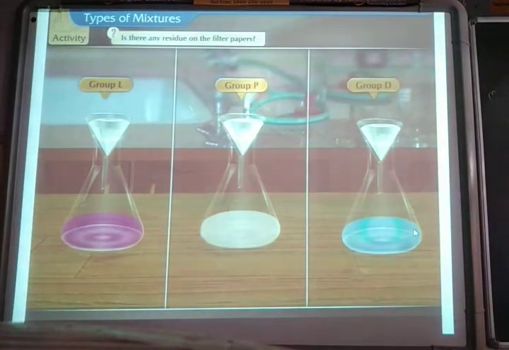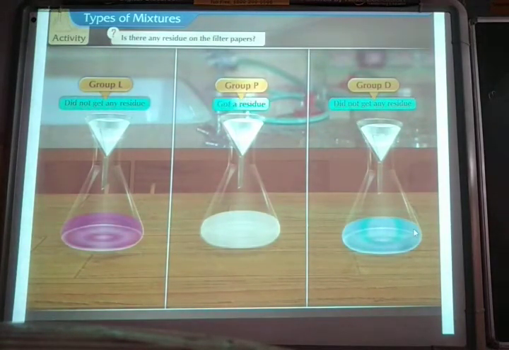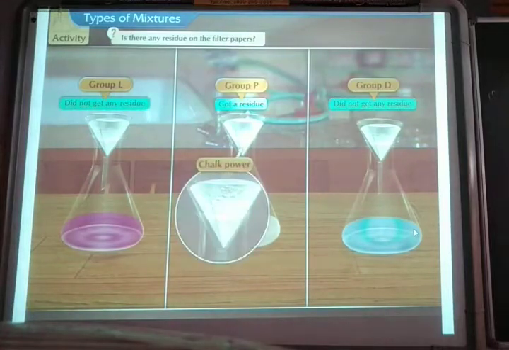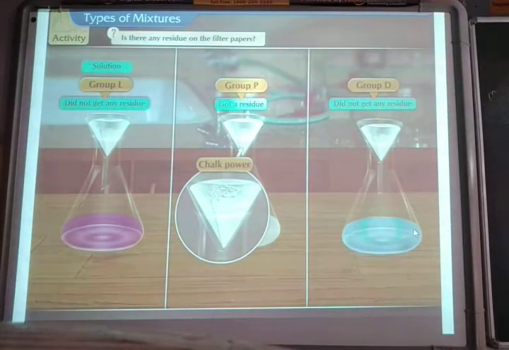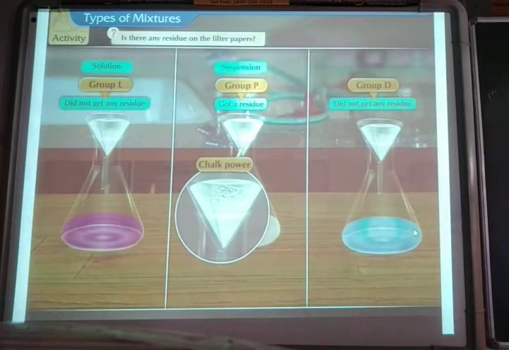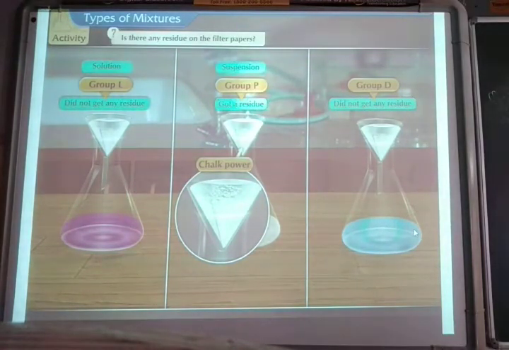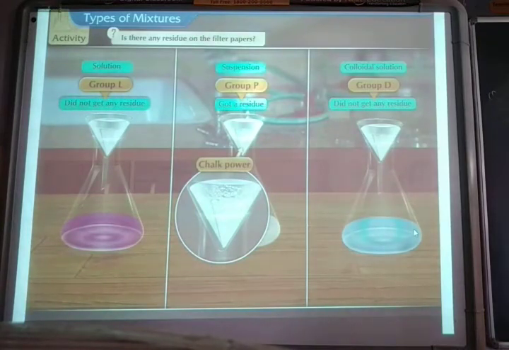Groups L and D did not get any residue on the filter paper. Group B got a residue of chalk or wheat on the filter paper. The mixture with Group L is called a solution. The mixture with Group B is a suspension, and that with Group D is a colloidal solution.